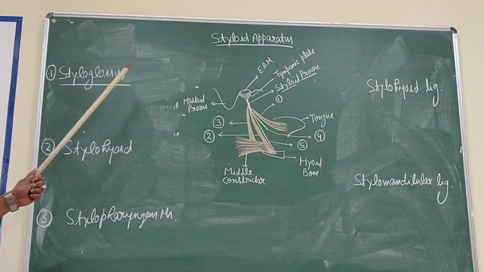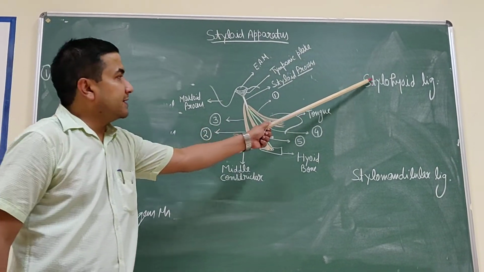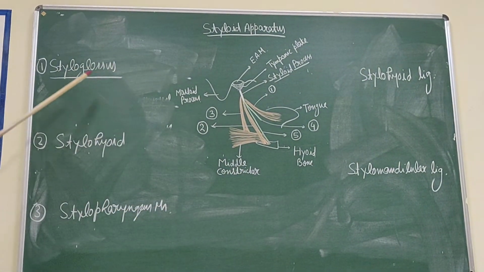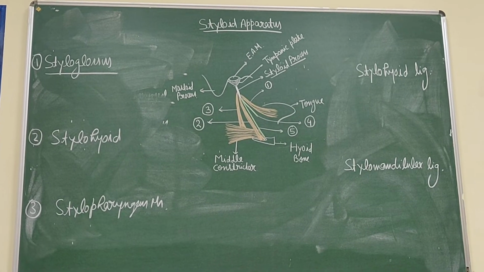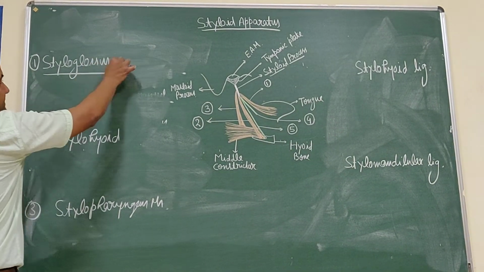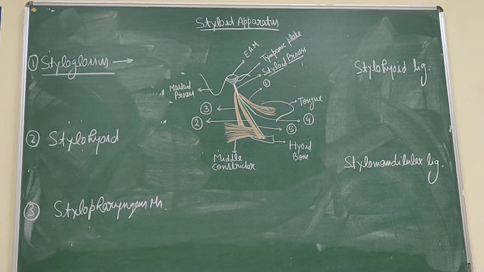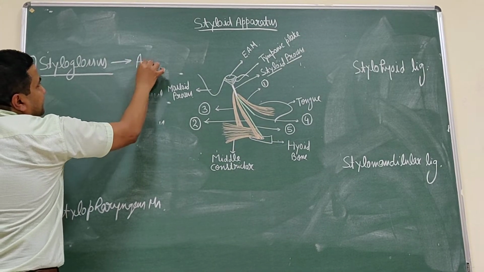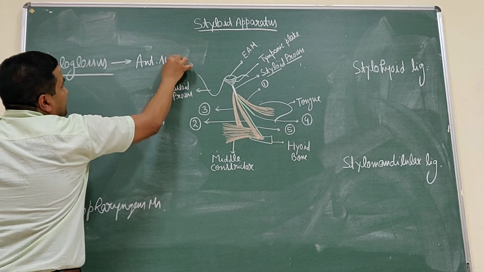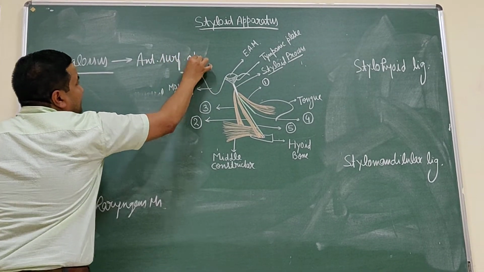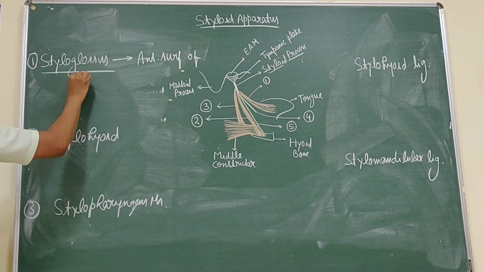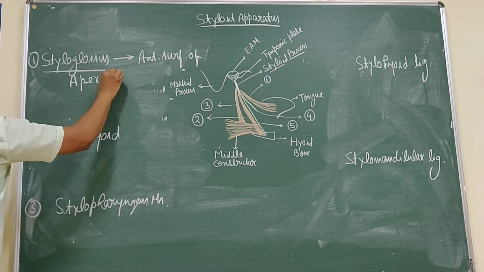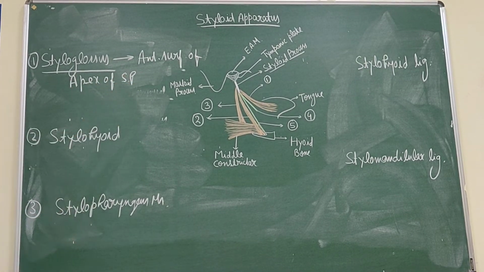Now these three muscles and the two ligaments are attached to this styloid process. This is the styloglossus muscle. It takes origin from the anterior surface of the apex of the styloid process.